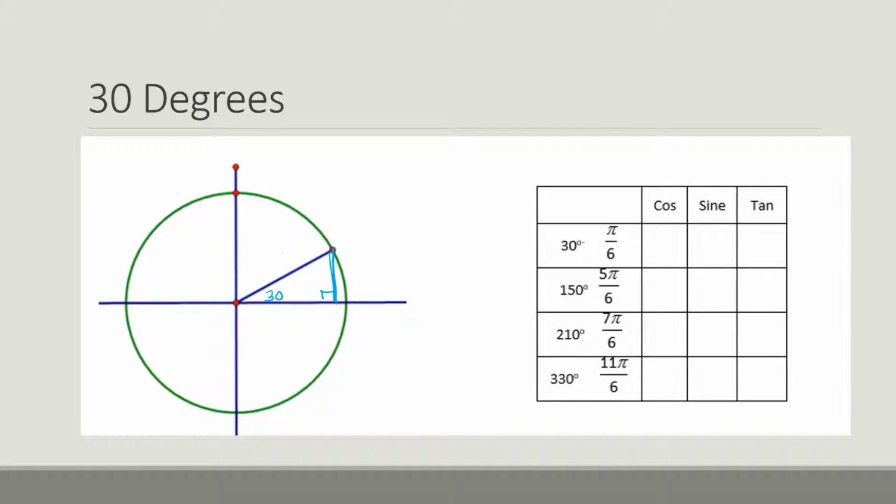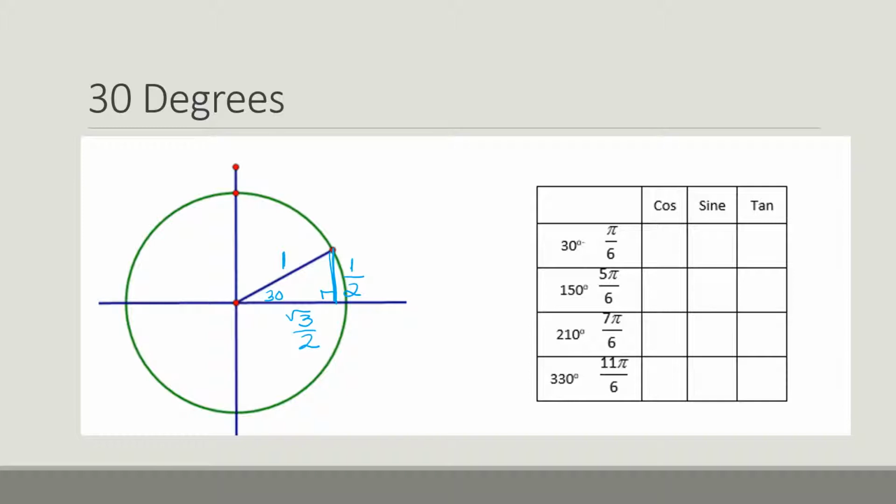If this is 1, that's the hypotenuse, and we know that the side opposite the 30-degree angle is half that, so that's 1/2. And then the side opposite the 60-degree angle is 1/2 times √3, so √3/2.